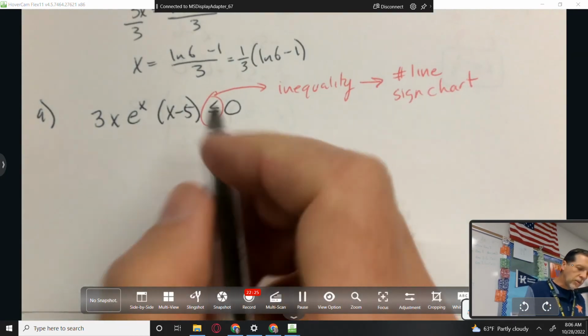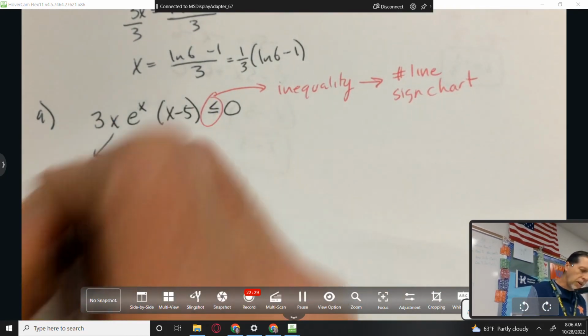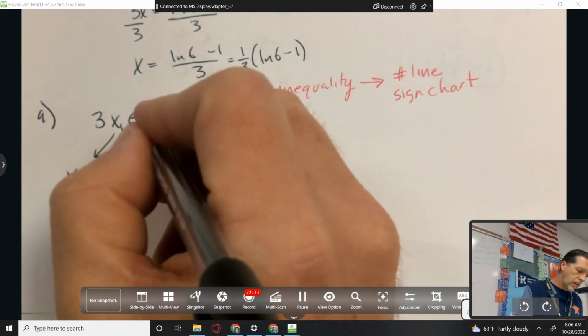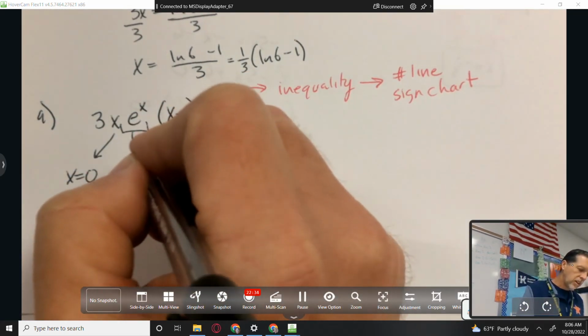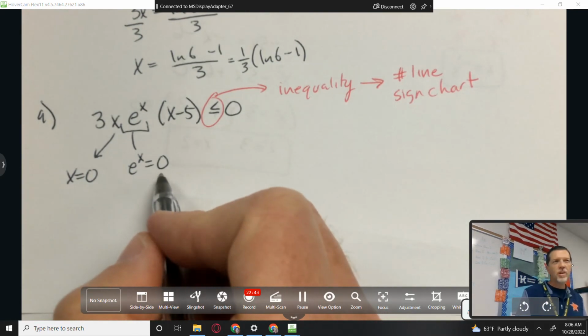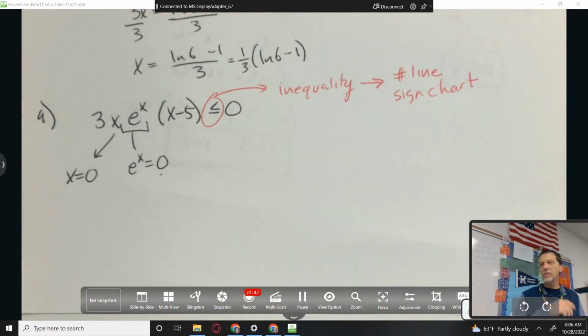So it's already equal to 0. So x equals 0 is one of my zeros. Look at my factors here. e to the x equals 0. But that doesn't work. There's nothing you can raise e to and get 0. Right? e to the negative flips it over. e to a fraction square roots it.